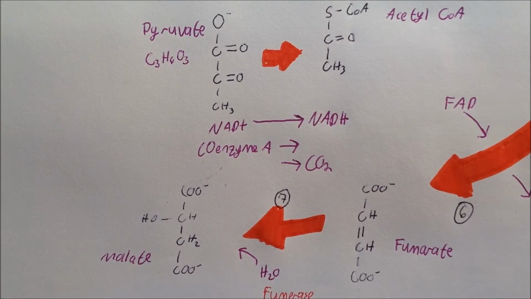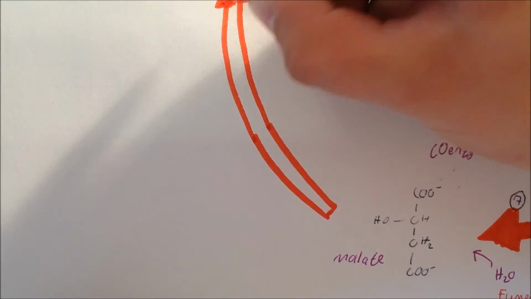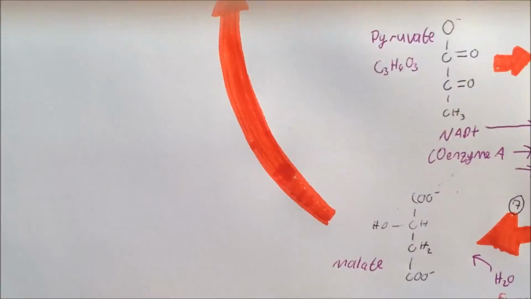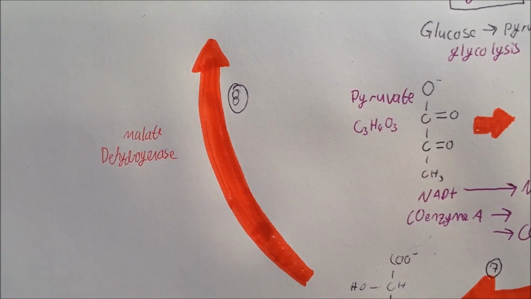So now, the last step is changing malate into oxaloacetate. This process is catalyzed by malate dehydrogenase. In this step, an NAD+ is converted into an NADH molecule.